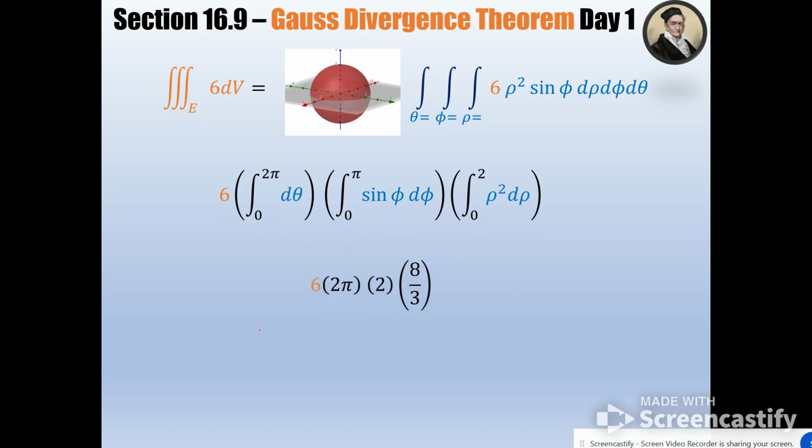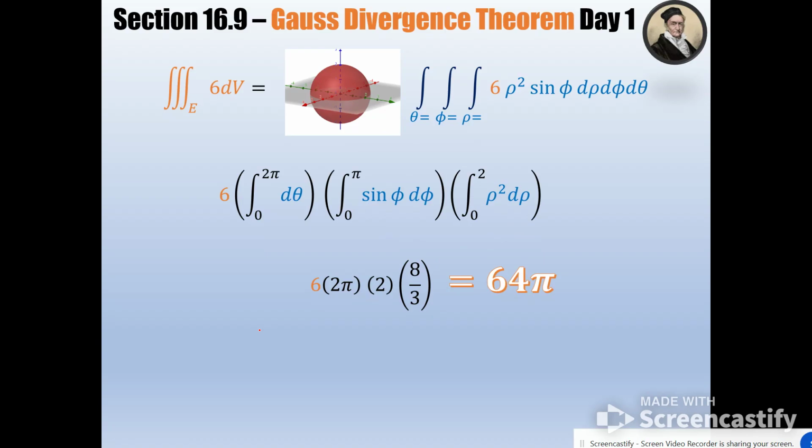and then it ends up to be, right, certainly you know the first one, 0 to 2 pi is 2 pi, and then integrating sine gives you negative cosine, so plugging in pi and 0, you get a 2, and then integrating rho squared is rho cubed over 3. Plugging in the 2 gets me 8/3. And that's 64 pi.